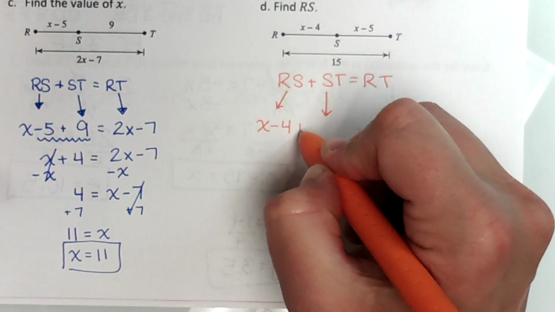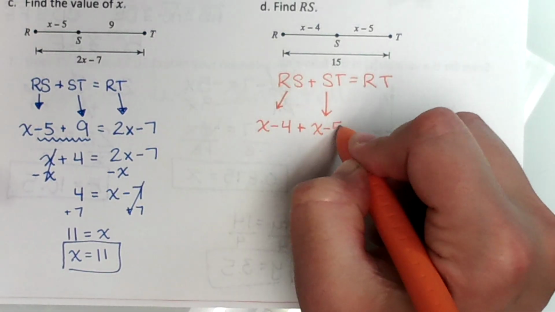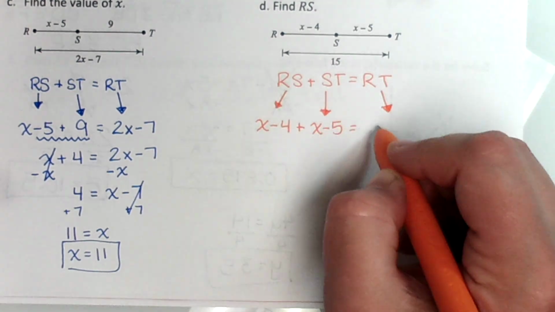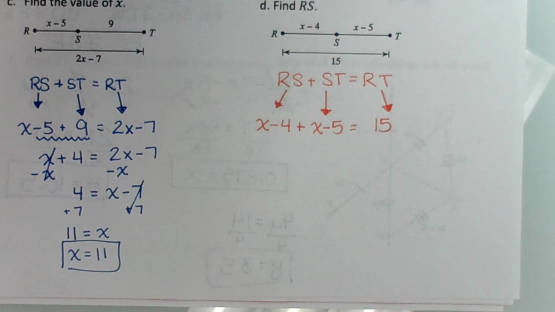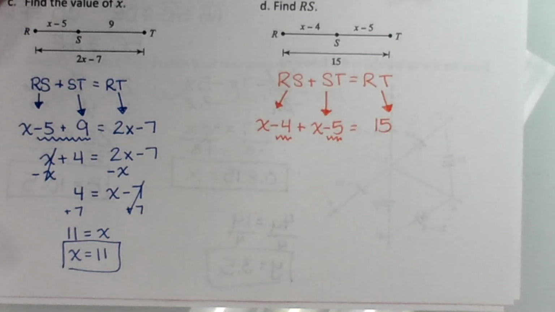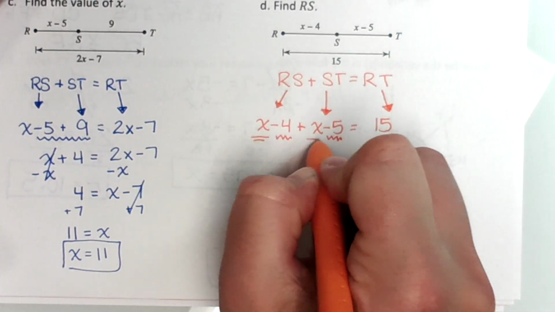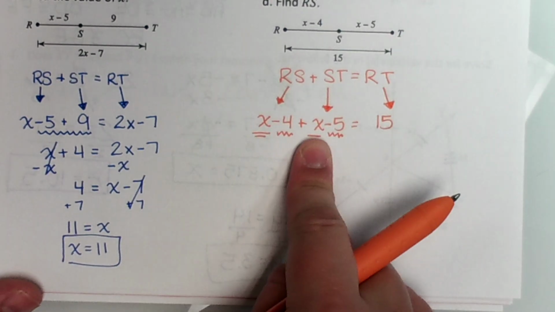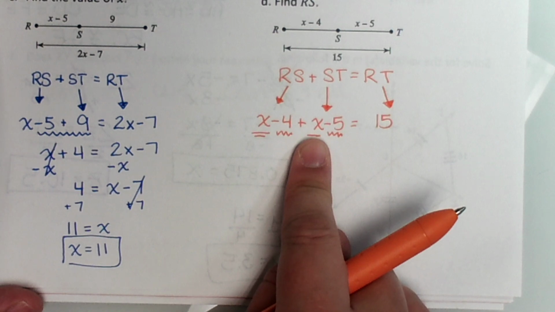What is the length of ST? x minus 5. What is the length of RT? 15. How do we solve? Where do we start? Add the like terms. What are the like terms? -4 and -5. Is that the only one? The x and the x. Now when they're on the same side of the equal sign, do I do opposite operations? Like do I subtract x from both of these? You just combine. You just combine.